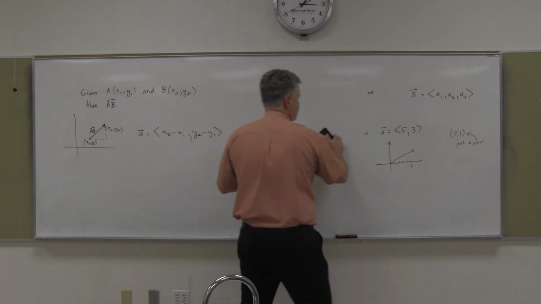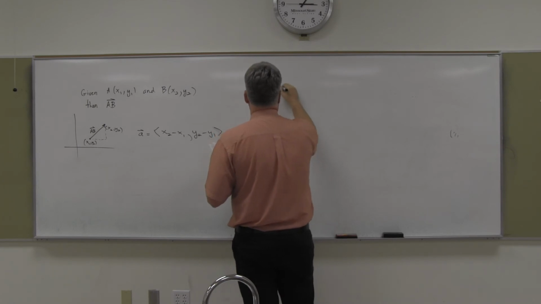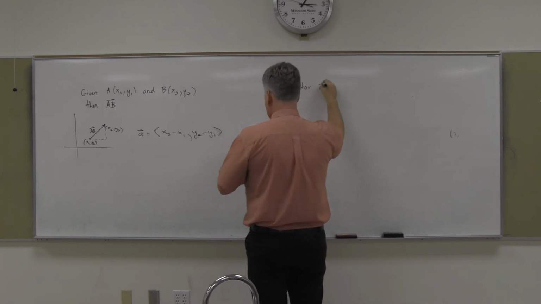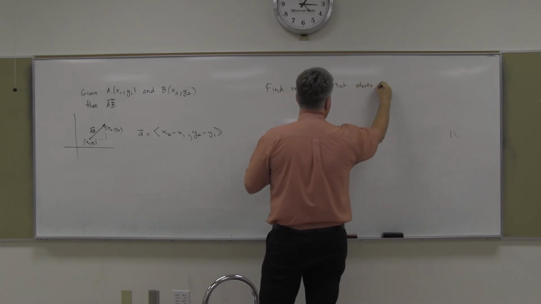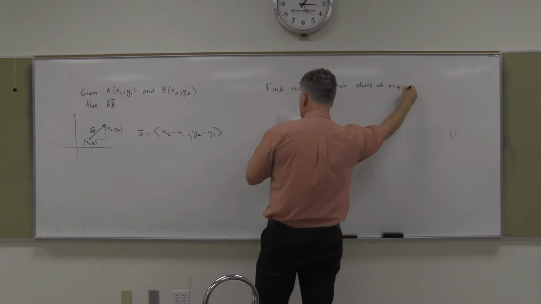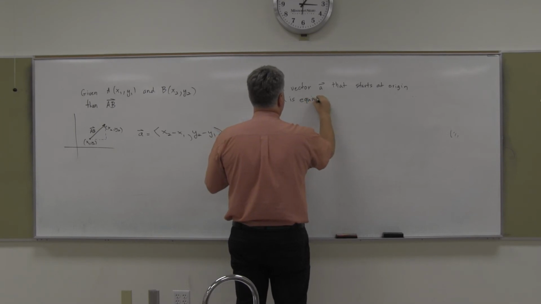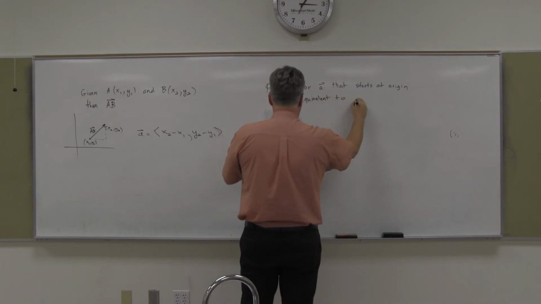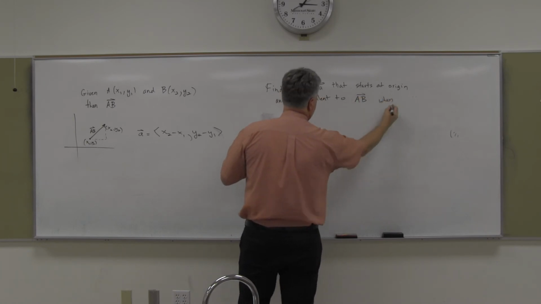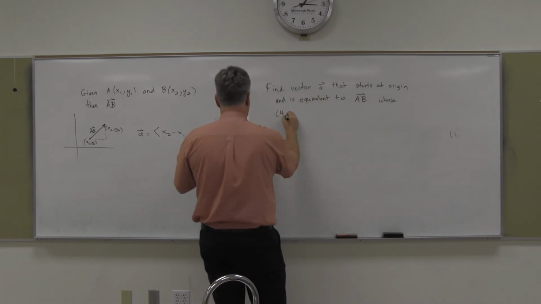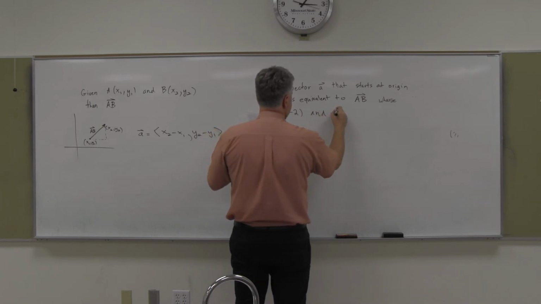So I think this is the phrase I'm going to use: find vector A that starts at the origin and is equivalent to vector AB, where A is 4, -2, and B is 6, -3.